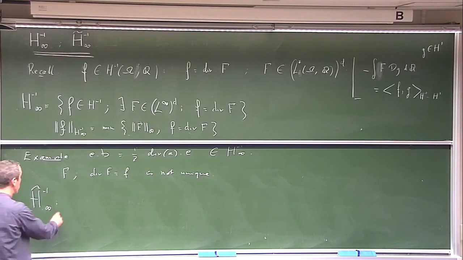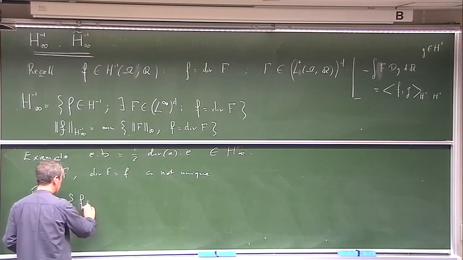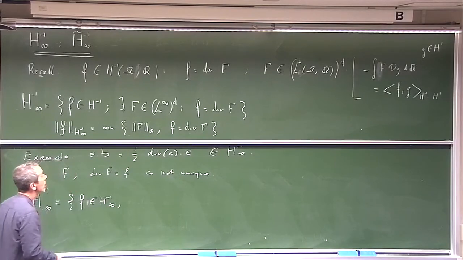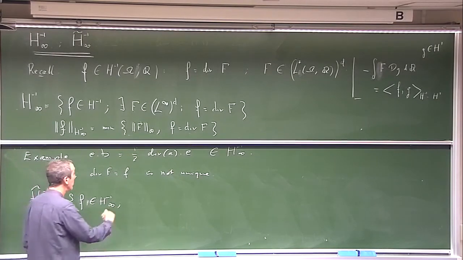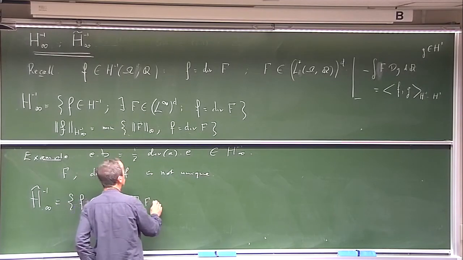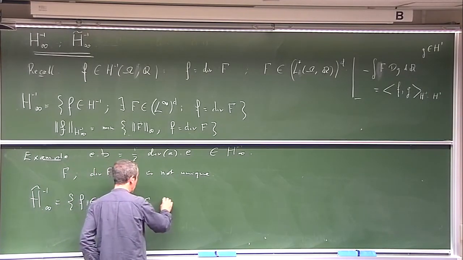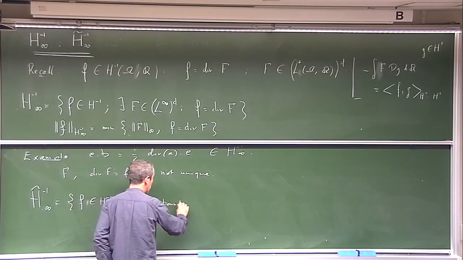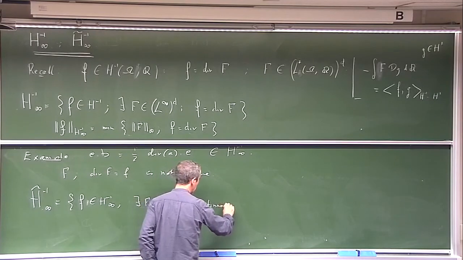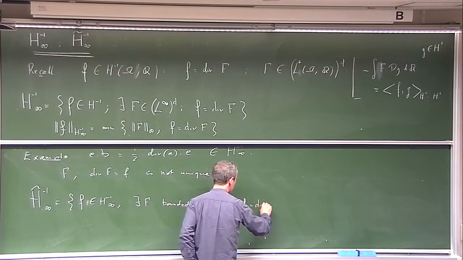So now it will be this set of f's which are in H^{-1}, actually in H^{-1,∞}, for which you can find a big F which is bounded but in fact continuous, such that f more or less equals the divergence of big F.